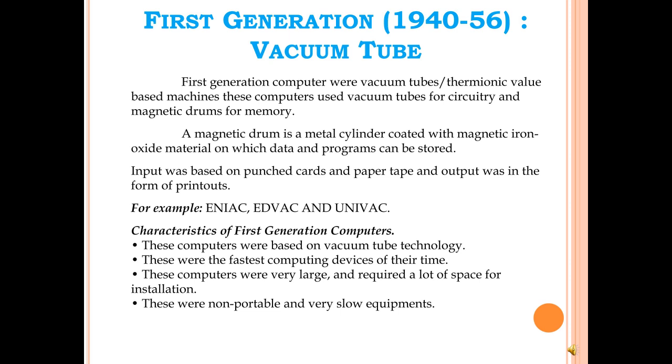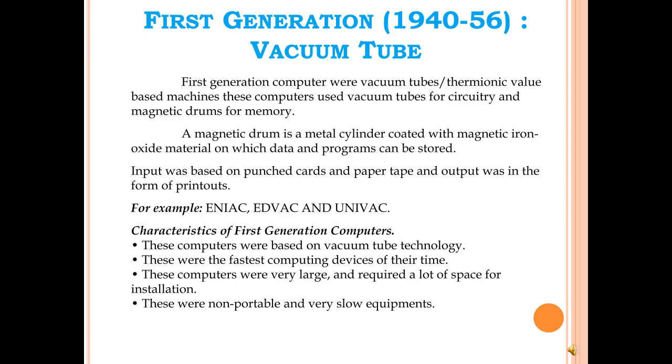Now, how was input done in the first generation of computers? During the first generation, input was based on punched cards and paper tape, and output was in the form of printouts.